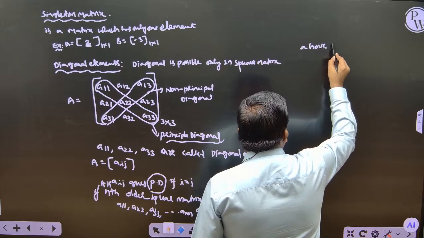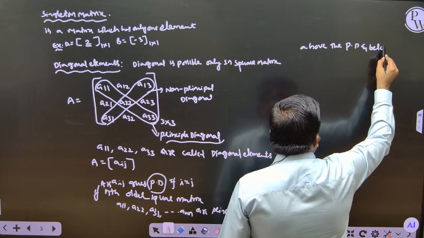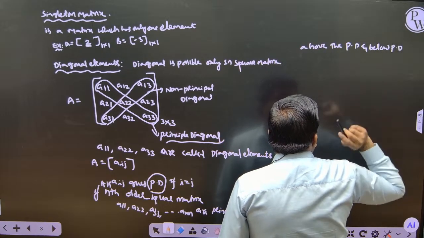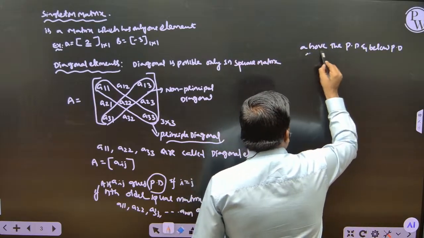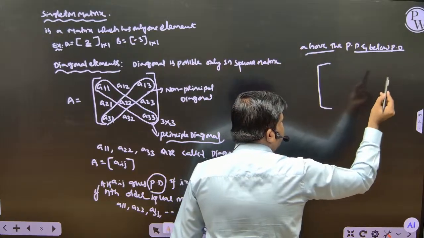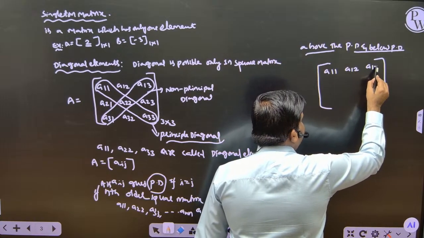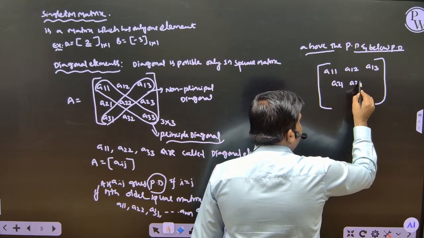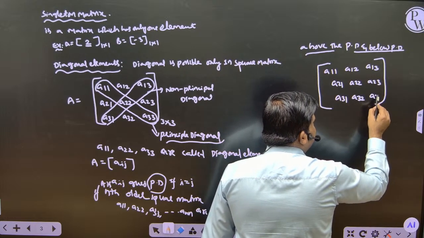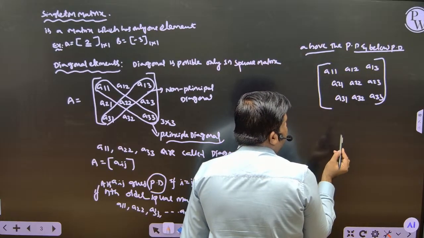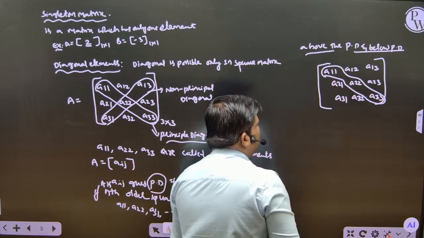Next, the elements above the principal diagonal and below the principal diagonal. If you see here, A11, A12, A13, A21, A22, A23, A31, A32, A33, this is a square matrix, so we can decide a principal diagonal here.